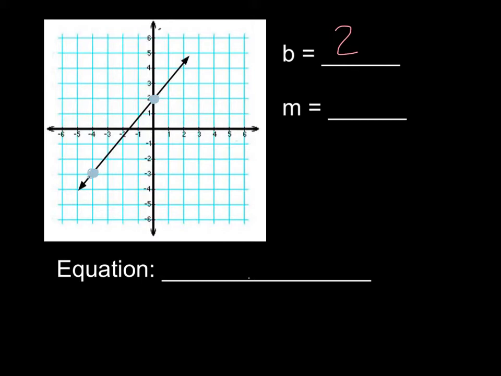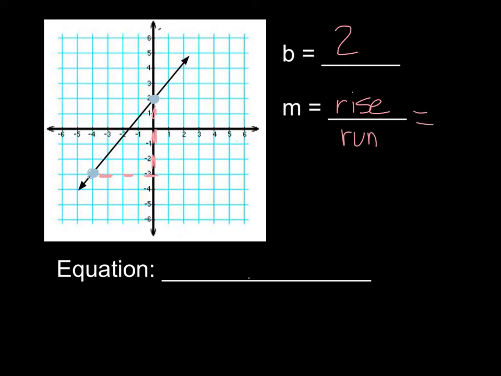And I'm going to find my slope by drawing my triangle between these 2 points. And I can measure my rise over run. Slope is rise over run. So I'll put those numbers in.